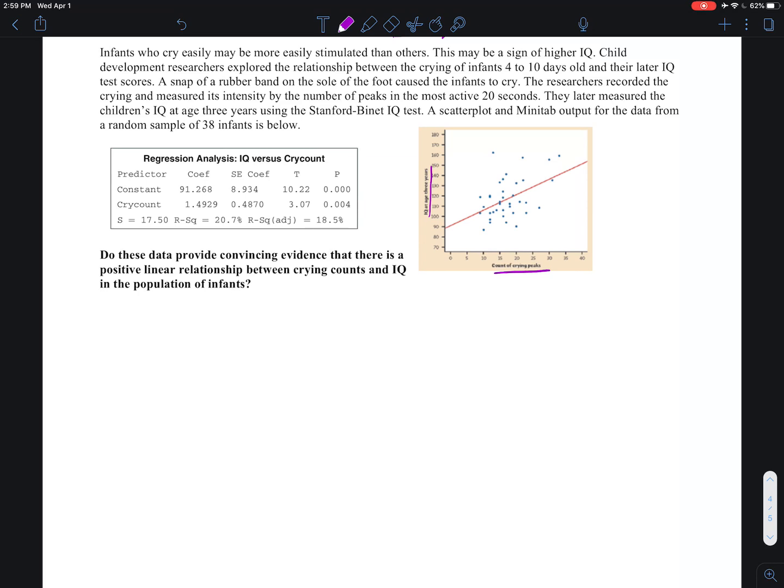So we'll tackle this with our null, that beta equals 0, versus the alternative, beta is greater than 0. And it says positive linear relationship, so we're testing to see, is beta greater than 0?